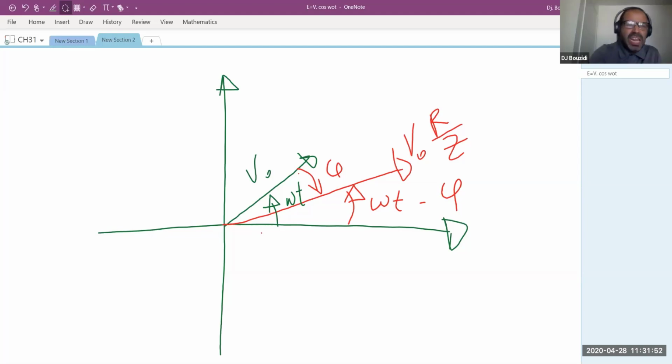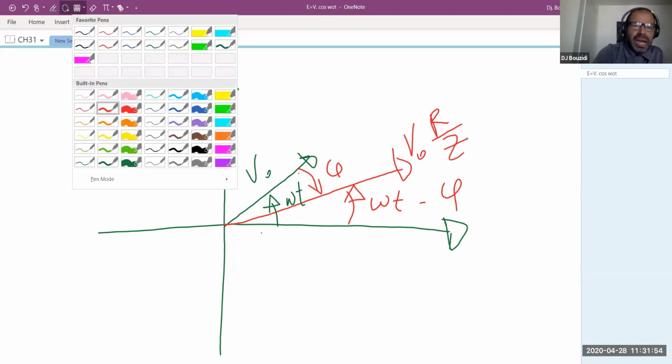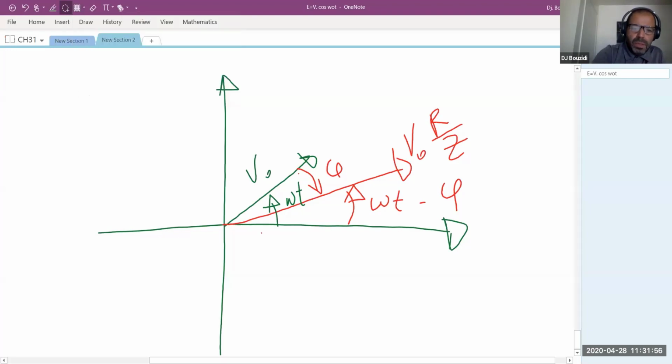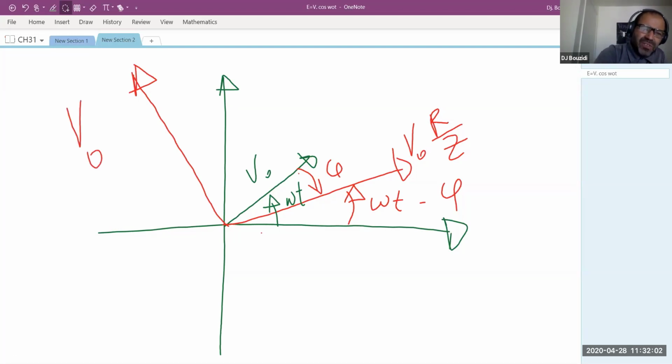Now, if I add a 90-degree angle to this, that should put it in here. This has a length of V naught times XL over Z. And this is a 90-degree angle from where the voltage across the resistor is.